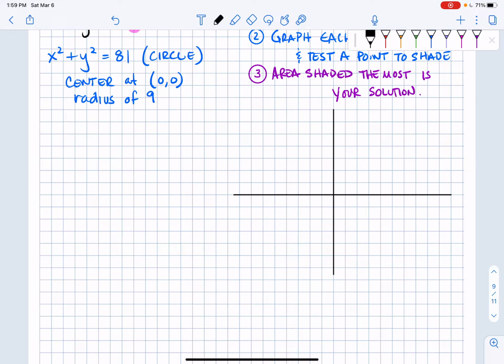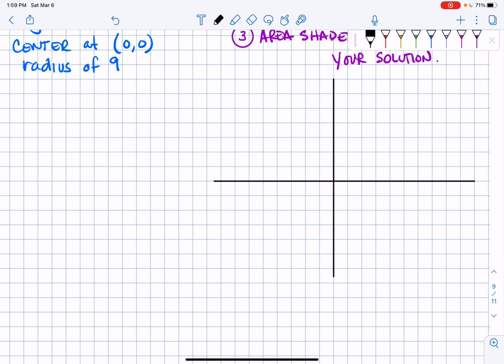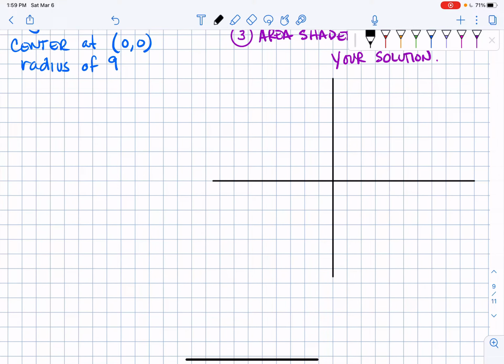Okay, so again, I would take this right here. How do I want to do this? Let's go with every line is 2, right? So 2, 4, 6, 8.